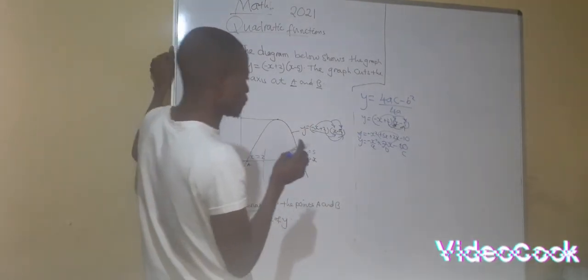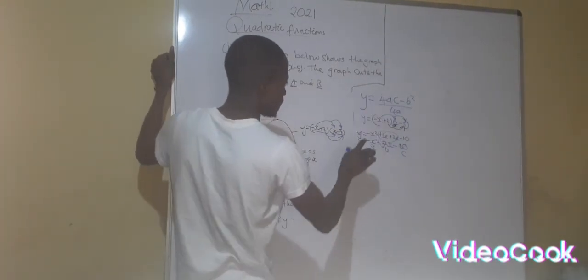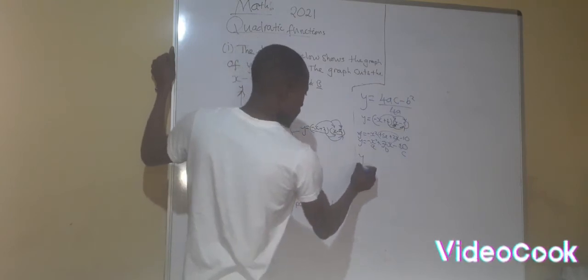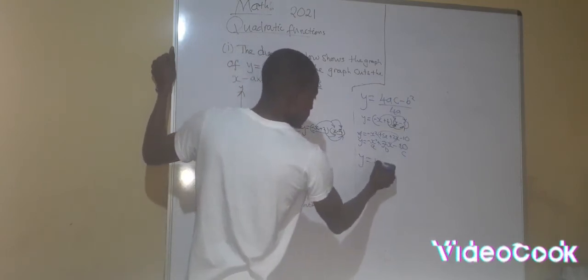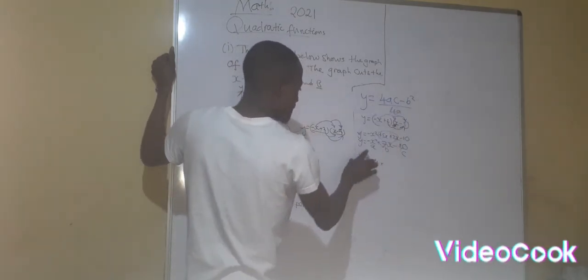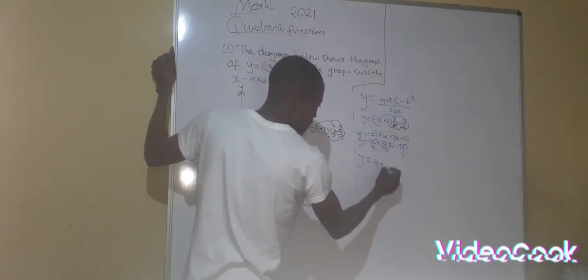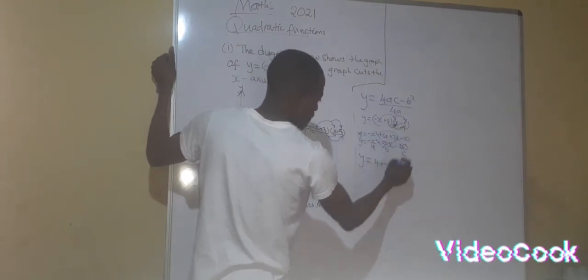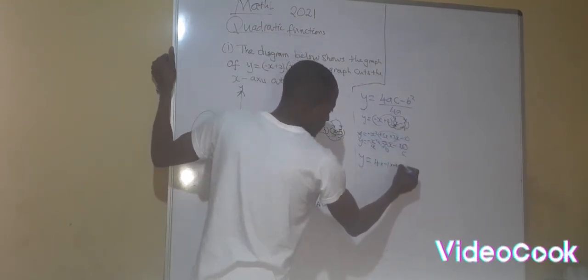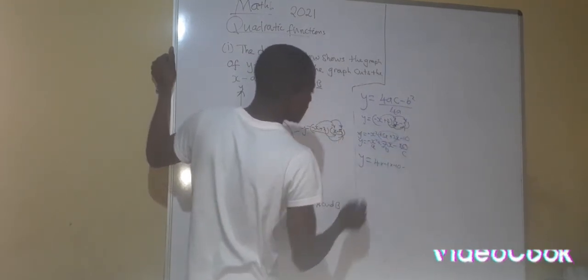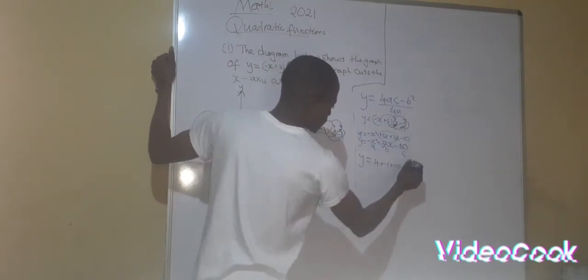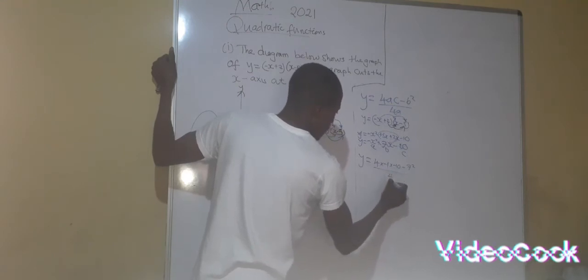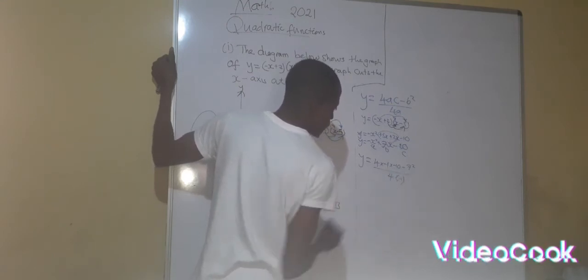So we start replacing the values of these letters in the formula. y equals 4 times the number at a, which is negative 1, times the number at c, which is negative 10, then minus the number at b, which is 7, squared, over 4 times a, which is negative 1.